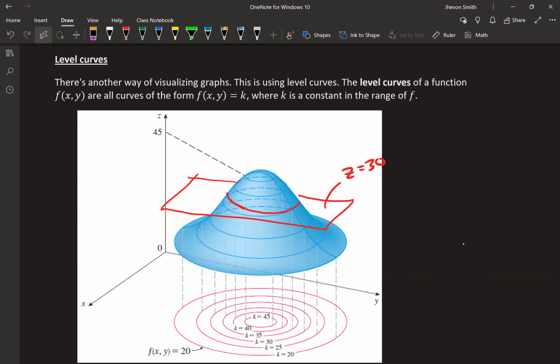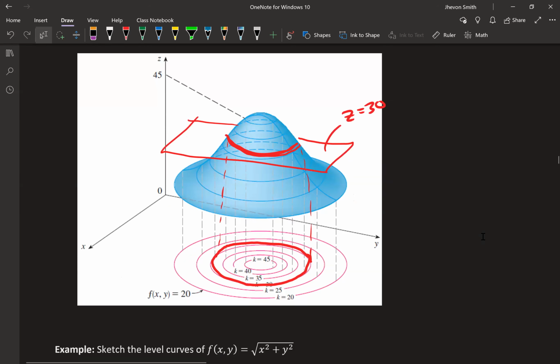And that will trace out a curve that, when you map it down, traces out this curve right here, which I think is the 30. So that thing, which in this example looks circular, would be called a level curve.